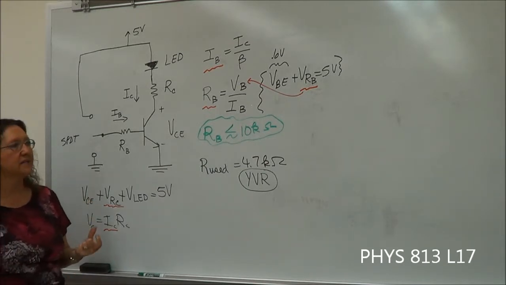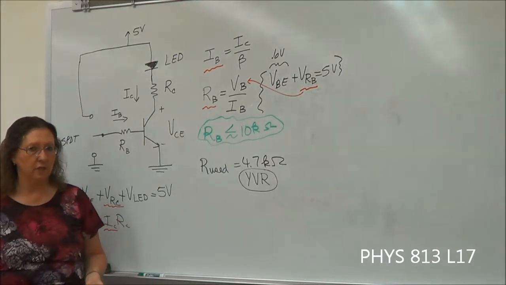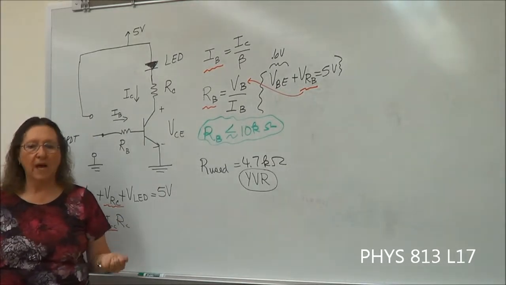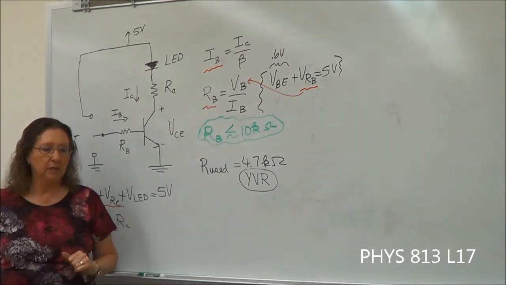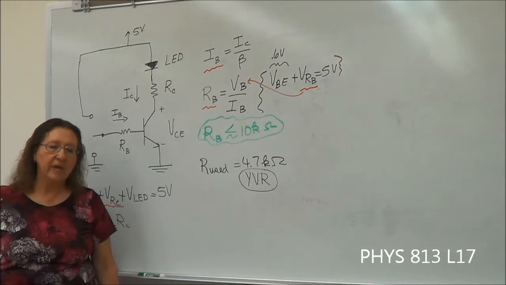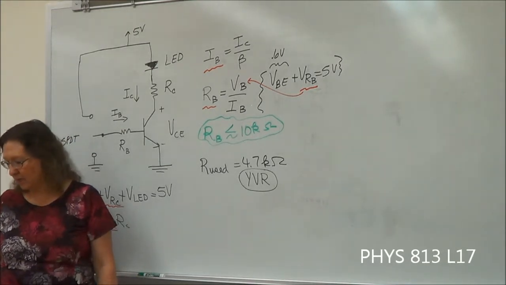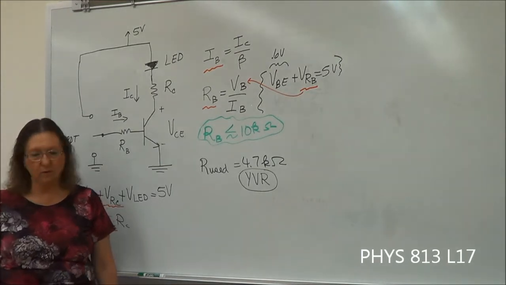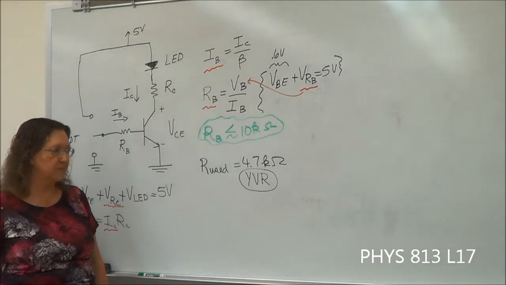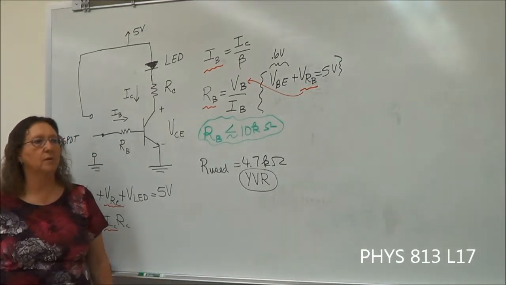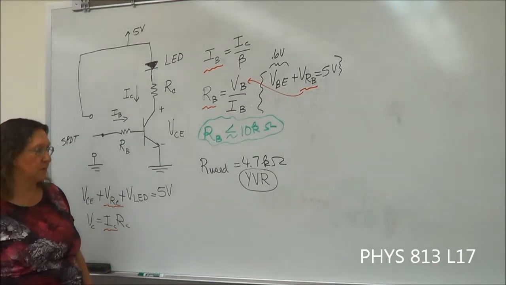But that is based on it not being in saturation. I also was trying to measure the beta for the transistor that I was using, and I figured out on the orange meter, where you're supposed to do it, it doesn't work very well. So I don't think there's any reason why we need to measure the beta for a transistor.